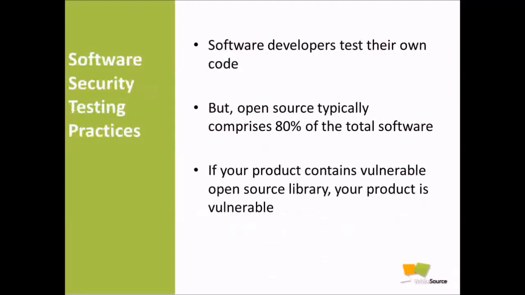And as I said before, when an open source component that's embedded in your software is vulnerable, that makes your entire software vulnerable. So you can't really afford to keep ignoring the 80% chunk of your software that's not written by your own developers. You have to start thinking about it in the same manner that you're thinking about the proprietary code that's written internally.